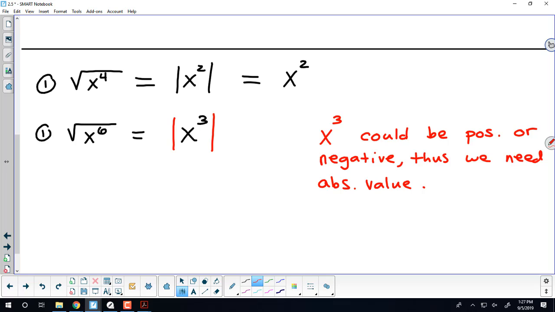Generally, there's no absolute value needed, that's correct. Another way to think about that is, if you have x to an even power as the result of the root, then you don't need an absolute value because even powers always give us a positive number. But when we take the even root of something that gives us x or something to an odd power, that's when you need the absolute value because odd powers could be positive or negative.